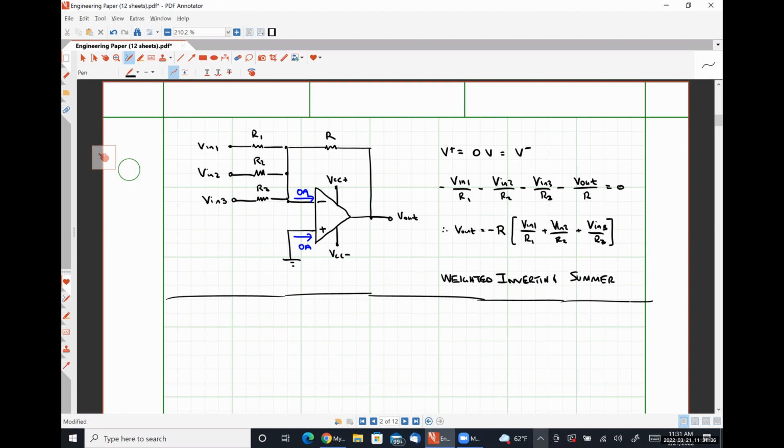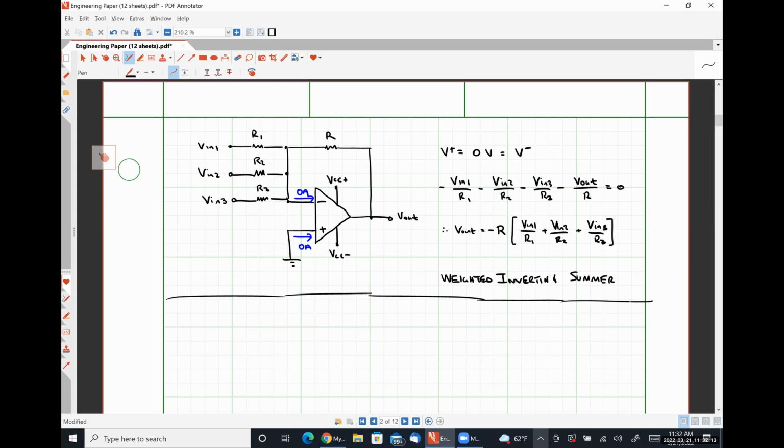It's physically possible to construct, but it is way less straightforward to understand how to choose your resistors to get the expected output. It is much easier to make a weighted inverting summer and then invert that signal using an inverting amplifier to make your output a positive voltage. So it's absolutely possible, but has very little practical application because of how difficult it is to get the scaling correct.